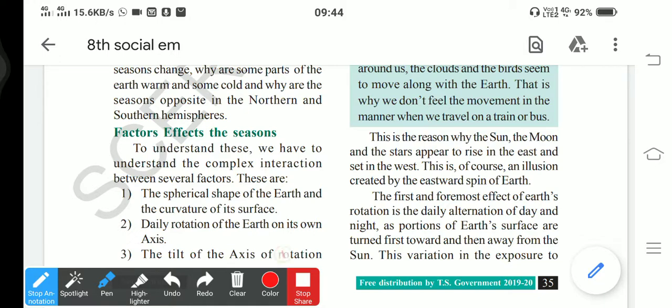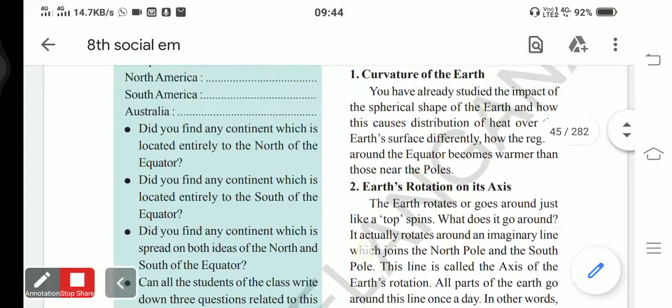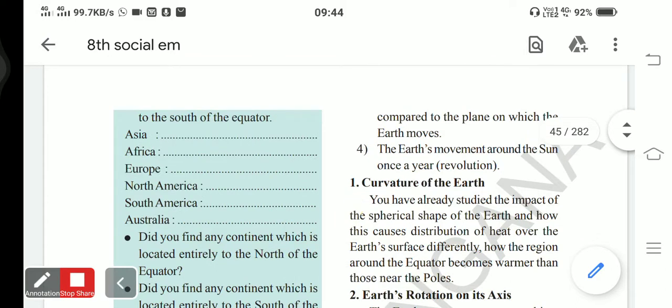Then the tilt of the axis of rotation when compared to the plane on which the earth moves. This is the third factor.